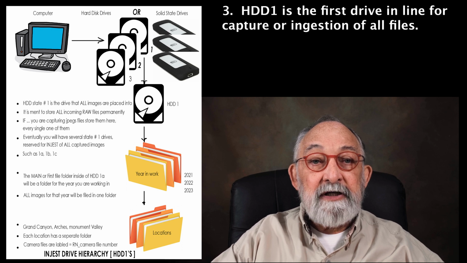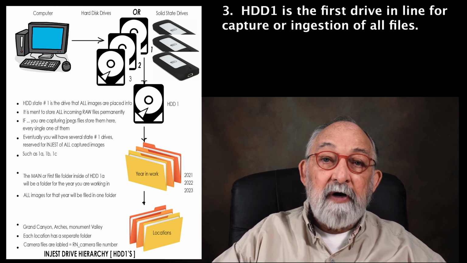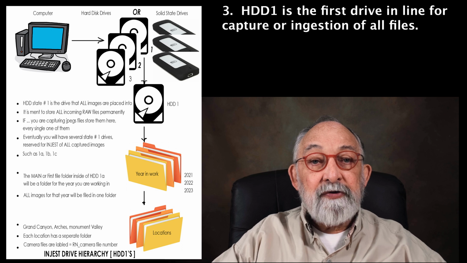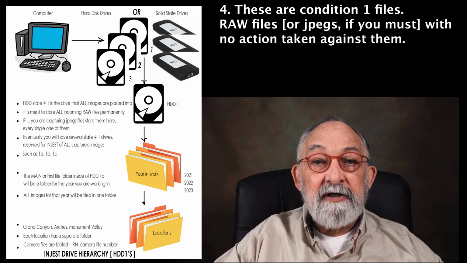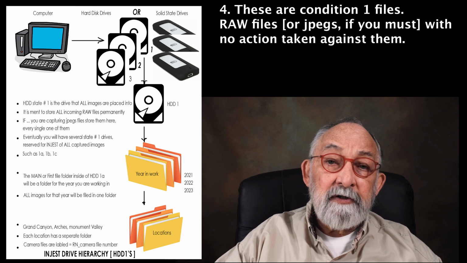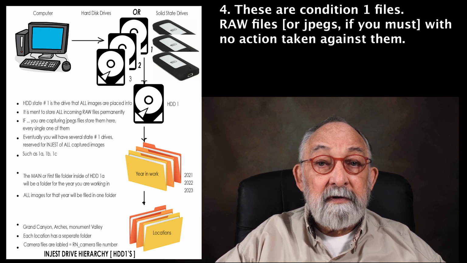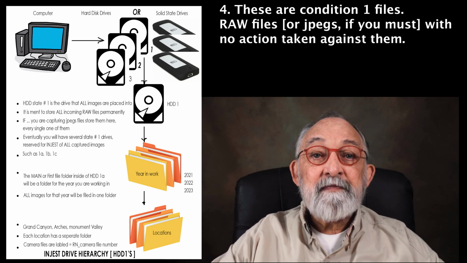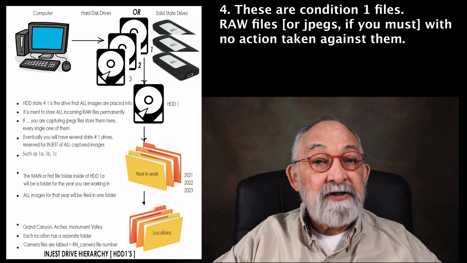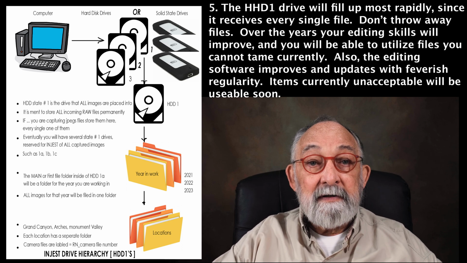Now, HDD1 is the first drive in line to capture the ingest of all files. These are the Condition 1 files. They're raw files, and if you must, JPEGs. But they've had no action taken against any of them.